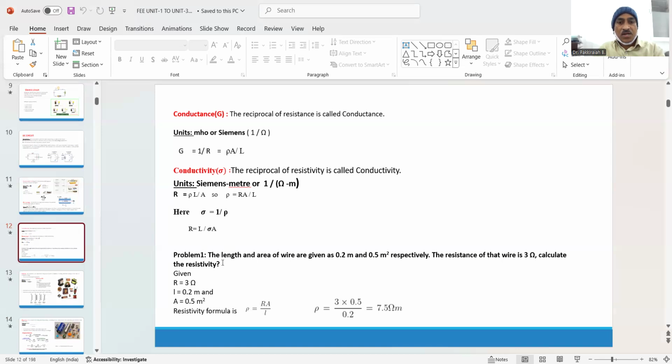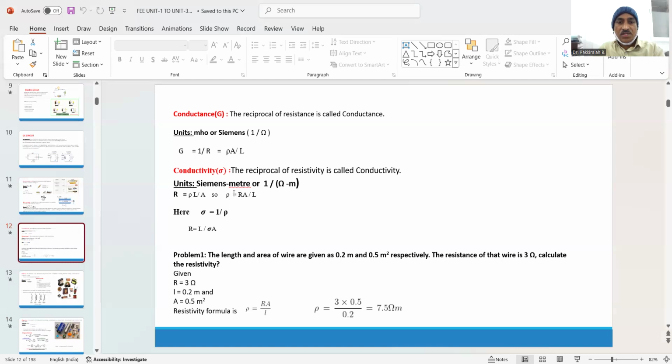Here, a small numerical has been given. The length and area of the wire are given as 0.2 meter and 0.5 meter square respectively. The resistance of that wire is 3 ohm. Then calculate the resistivity.